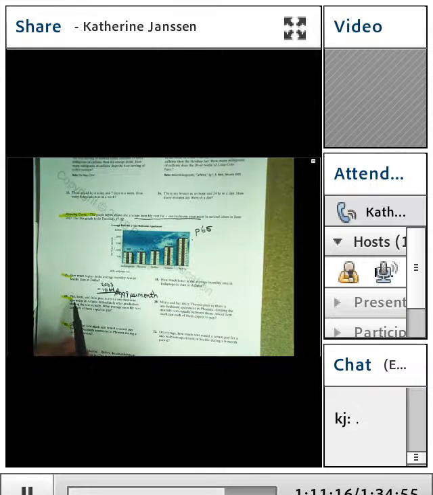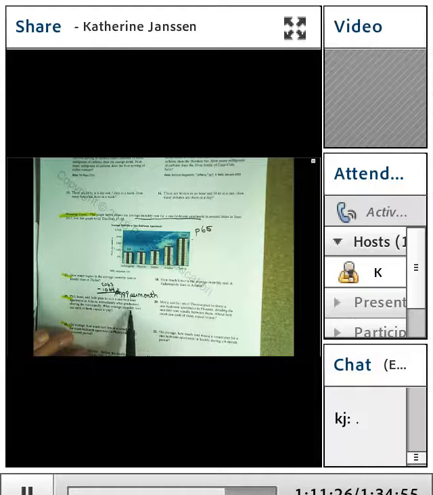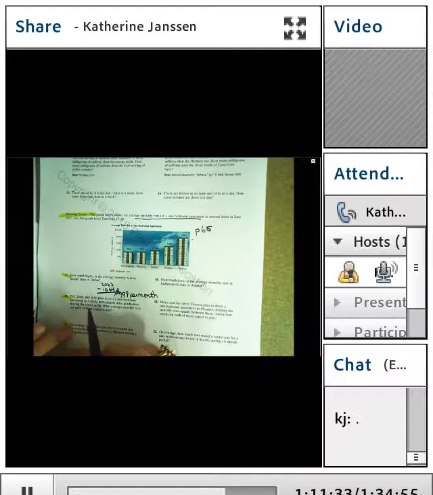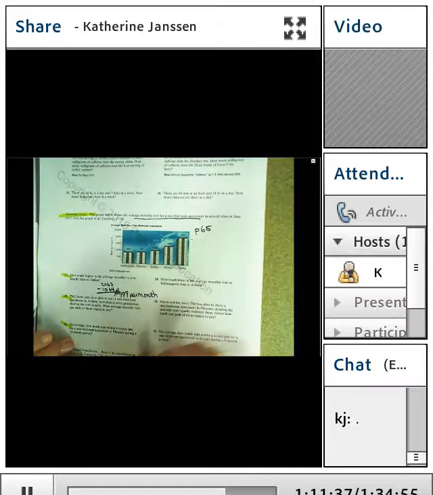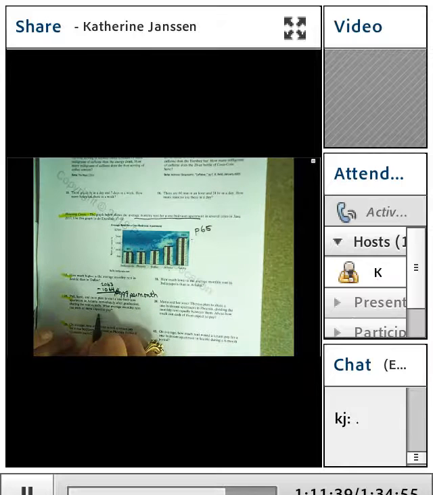Number 19. Phil, Scott, and Julio plan to rent a one-bedroom apartment in Atlanta immediately after graduation, sharing the rent equally. What average monthly rent can each of them expect to pay? Well, actually, they're going to be renting a one-bedroom apartment in Atlanta. So let's find Atlanta. Its monthly rent is $1,401.